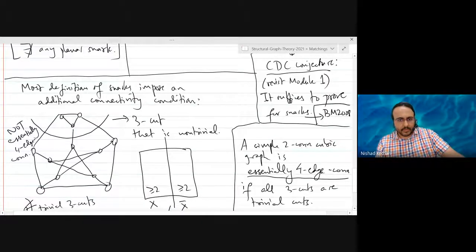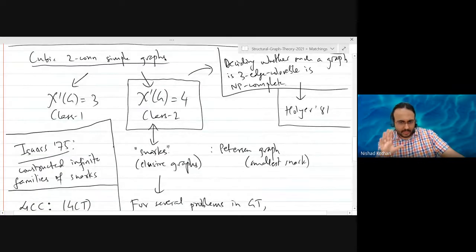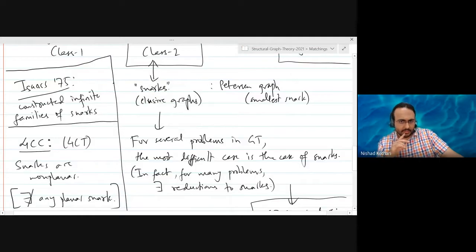So there are actually a lot of open problems in graph theory that are related to snarks. Okay, I'm just telling you about the cycle double cover conjecture because we have discussed it before, and of course the 4-color conjecture is, as we discussed, the same as showing that all snarks are non-planar.